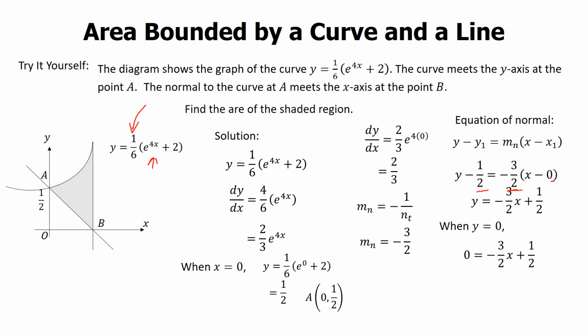So when y equals 0, we substitute into this equation, 0 equals negative 3 over 2x plus half, we get x equals 1 over 3. So this is the coordinates of B, where B is (1 over 3, 0). So I label here 1 over 3.